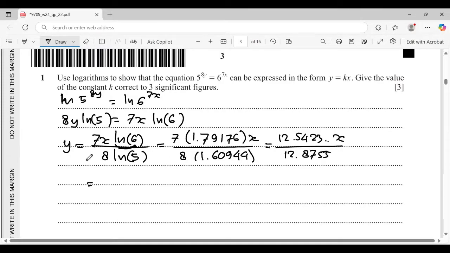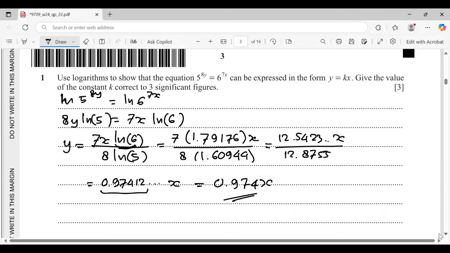And if you divide, it becomes 0.97412x. So this number is the result of 12.5423 divided by 12.8755. After that, round off, it becomes 0.974x. This is the result.